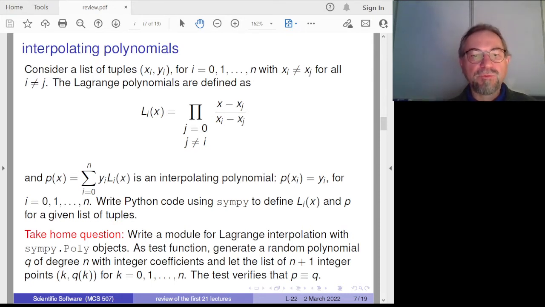So you will have to normalize. That means that you will have to reduce both your random polynomial and your interpolating polynomial to a normal form, which is by default the fully expanded version of the polynomial in the monomial basis.